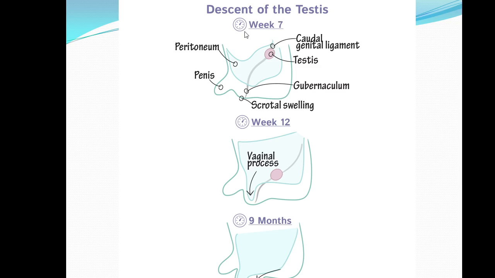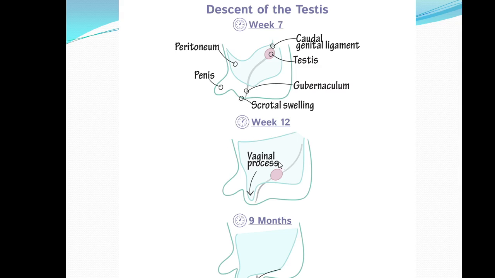Here you can see the stages of the descent of the testis. At the seventh week, you see the caudal genital ligament here. This is the caudal genital ligament. This is the testis, this is the gubernaculum, and here is the scrotal swelling.